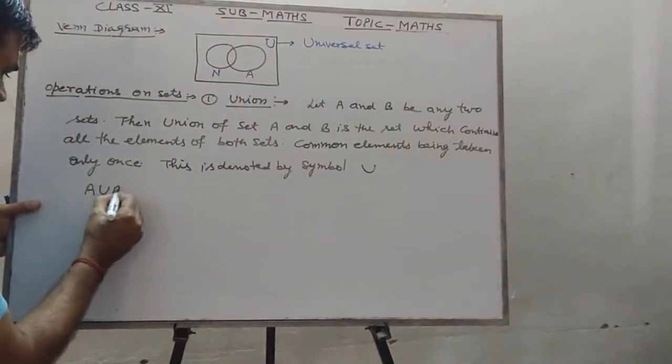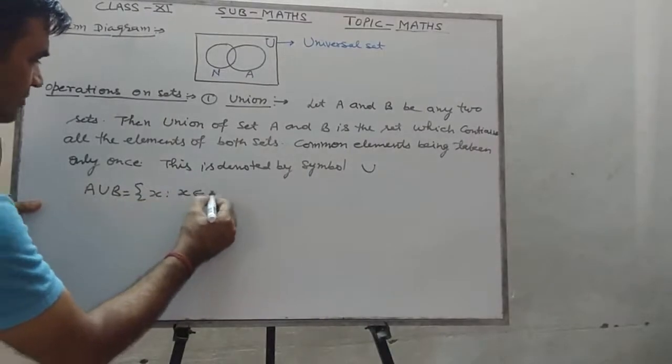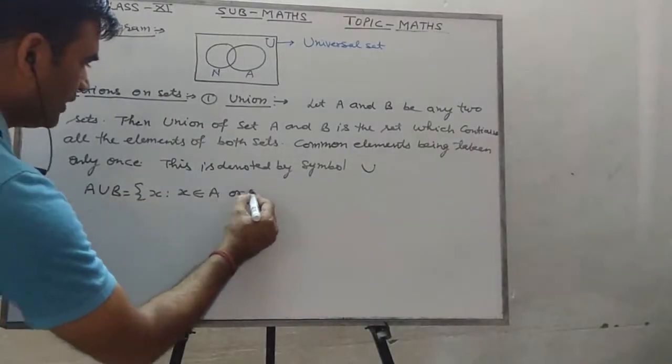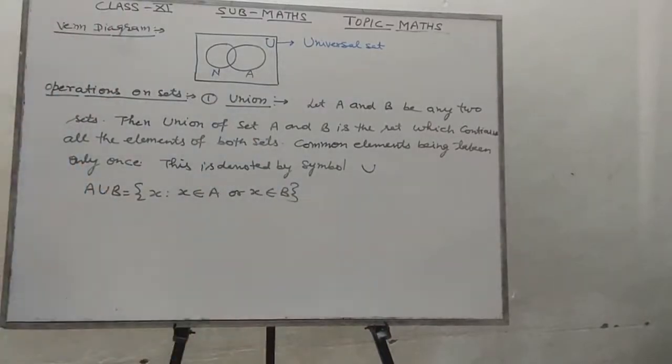A union B is equal to X such that X belongs to A or X belongs to B. If the element is either from A or from B, then it will come in the union of these two sets, A union B.